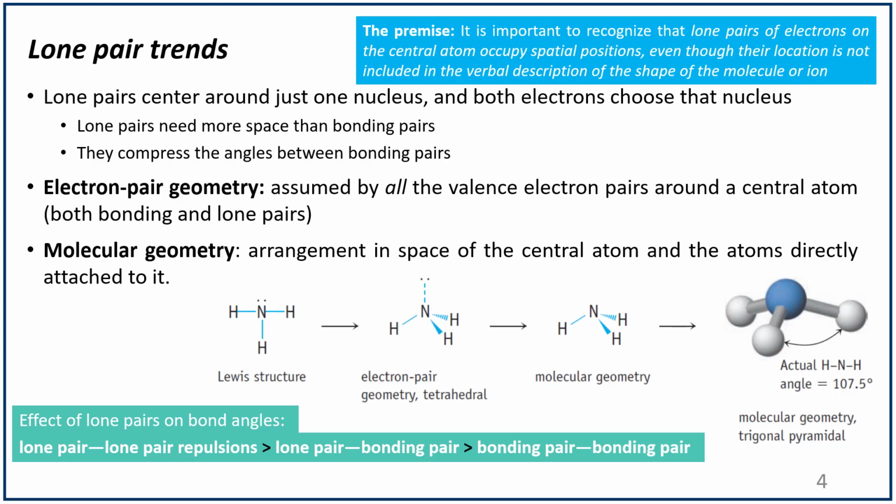And lone pairs can also repel bonding pairs. I mean, they're still electrons anyway, but the energy penalty compared to lone pair repulsions is lesser. And lastly, bonding pairs themselves can repel another bonding pair. So let's say for example for methane, or sorry, ammonia.